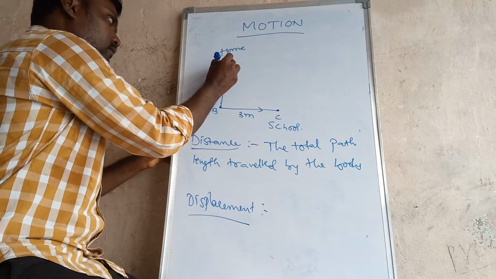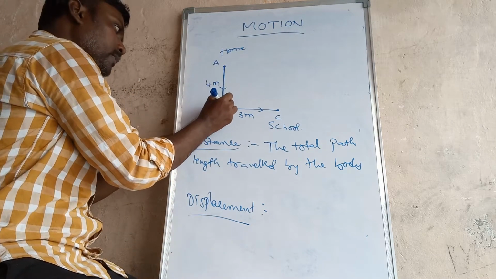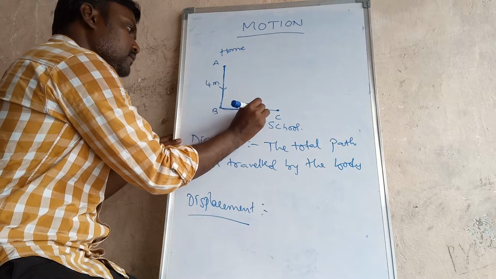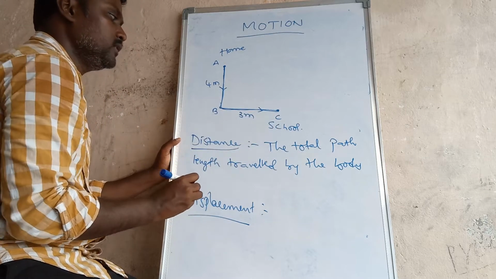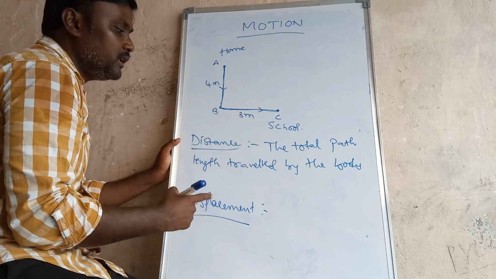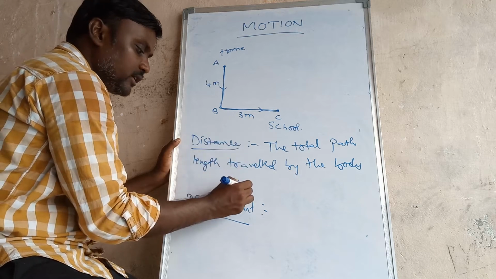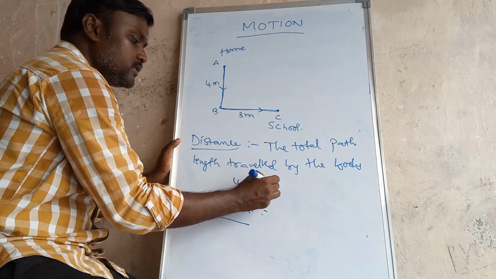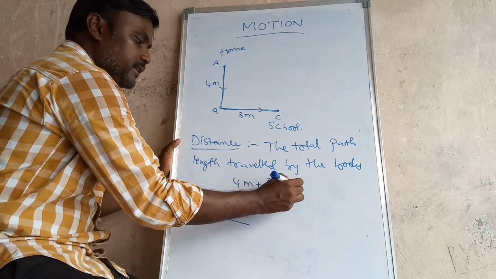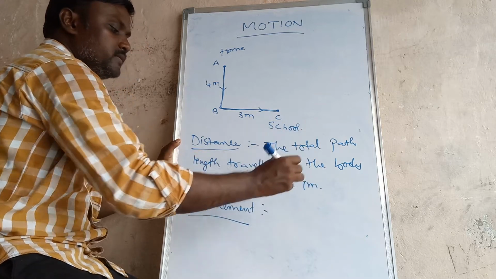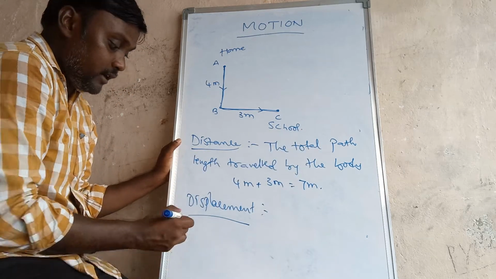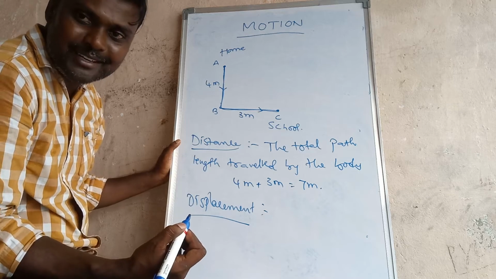Here he traveled this 4 meters, and this 3 meters also he traveled. So in this example, the distance traveled, the total path length, is 4 meters plus 3 meters, equal to 7 meters.